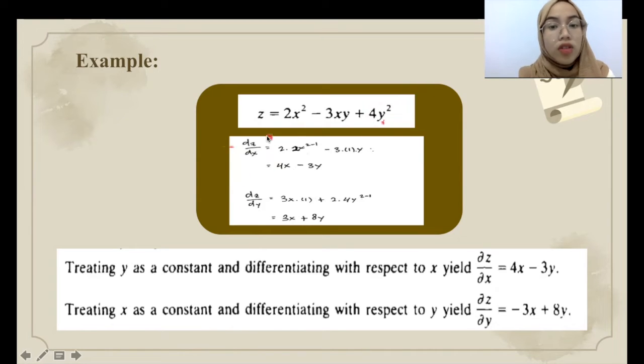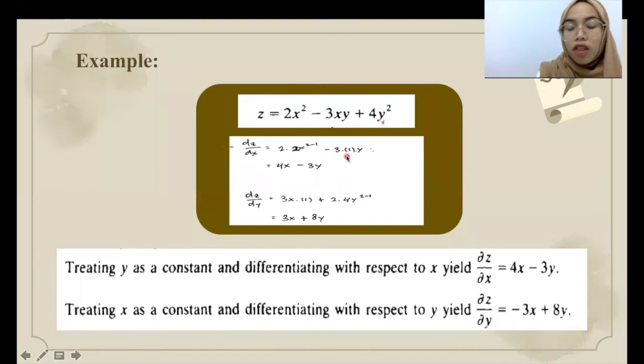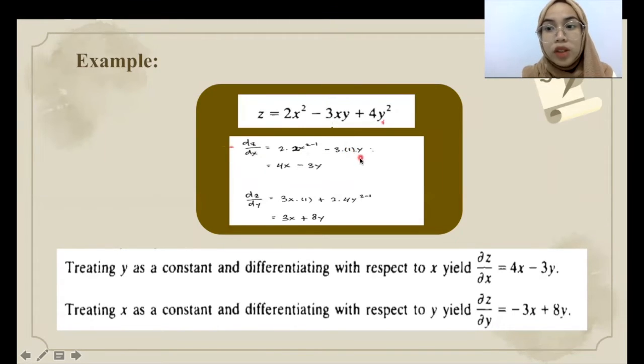So the derivative of 2x^2 is 2 times 2x^(2-1), and the derivative of minus 3xy is minus 3 times 1 times y. So the result is 4x minus 3y.